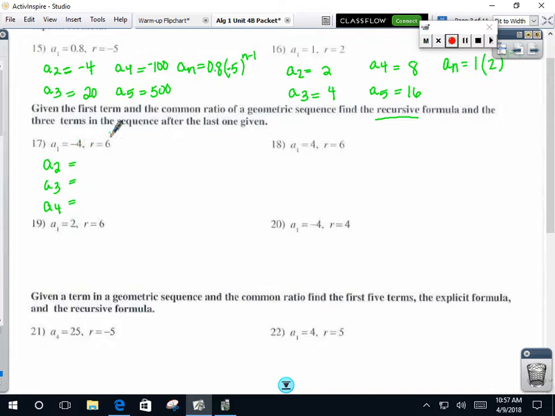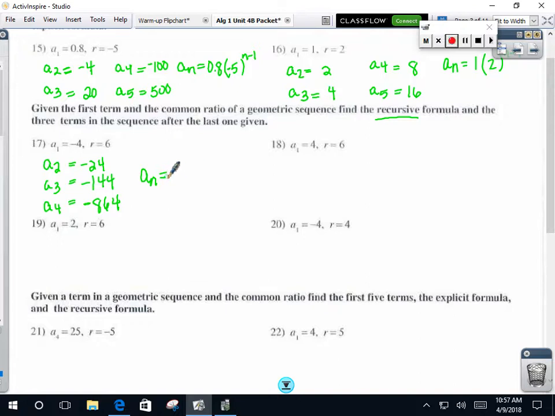Right, negative 4 times 6 is negative 24. And then negative 24 times 6 is negative 144. And then negative 144 times 6 is, right, negative 864.